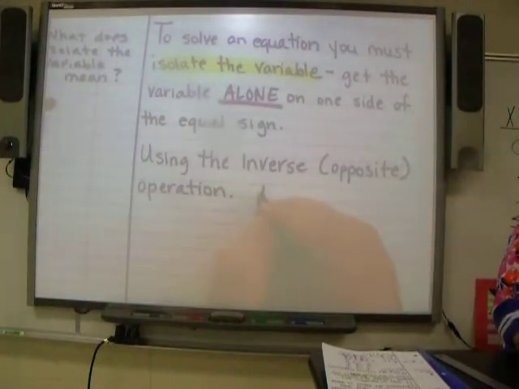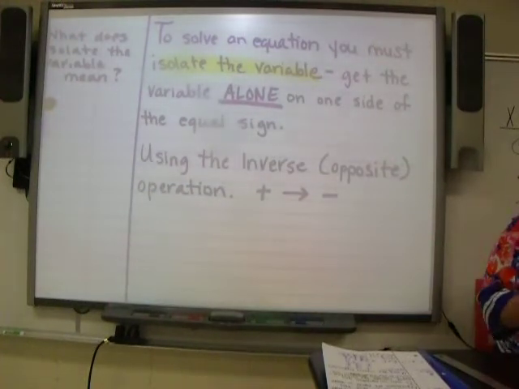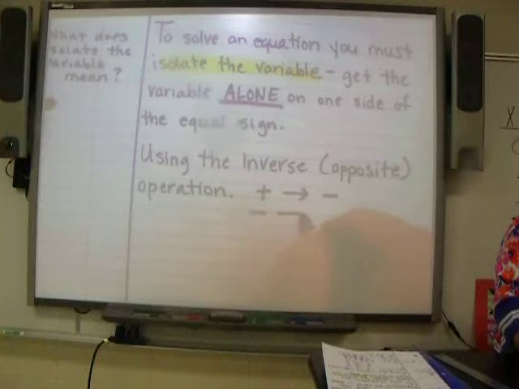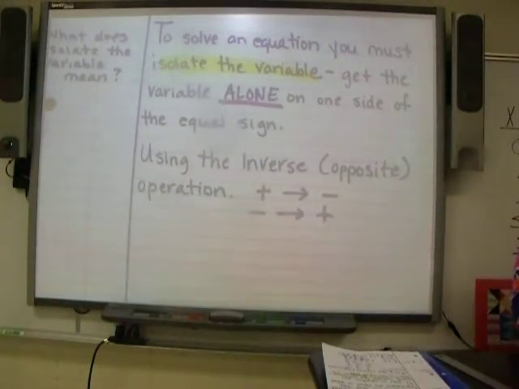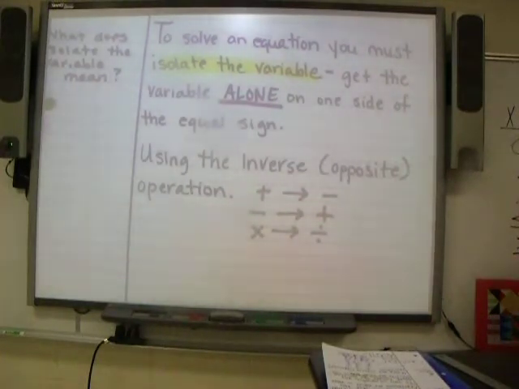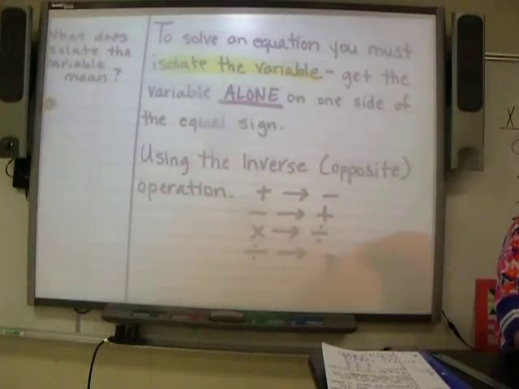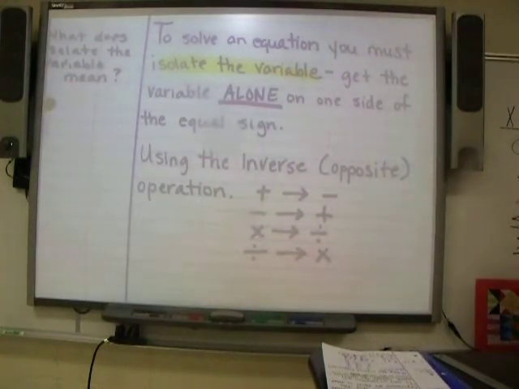You know the opposite of addition is subtraction, the opposite of subtraction is addition, the opposite of multiplication is division, and the opposite of division is multiplication. So we've already reviewed that some this year.